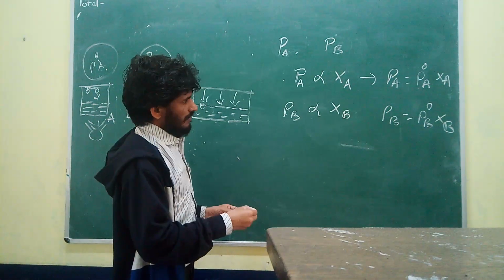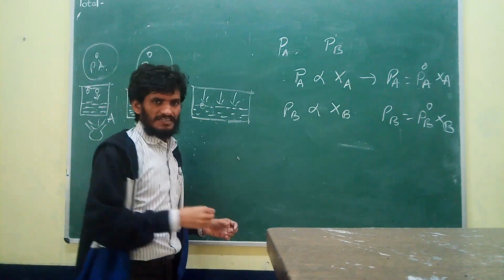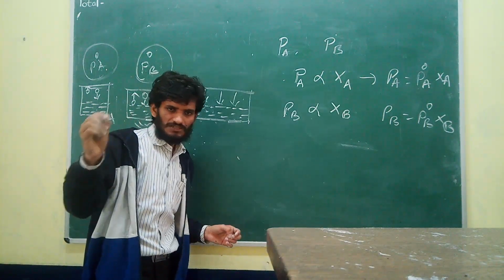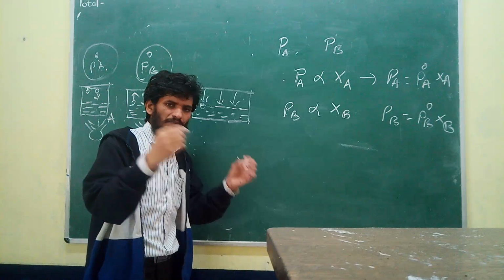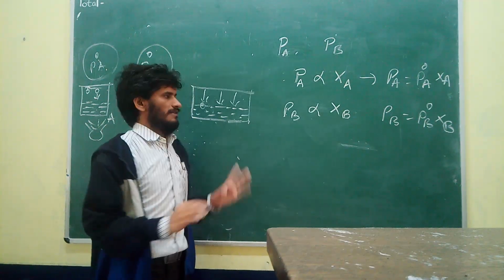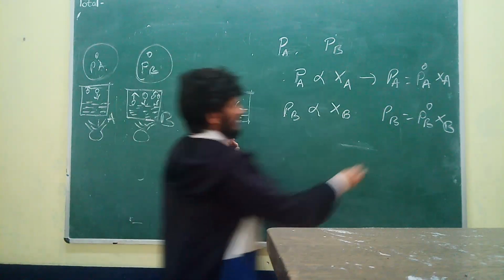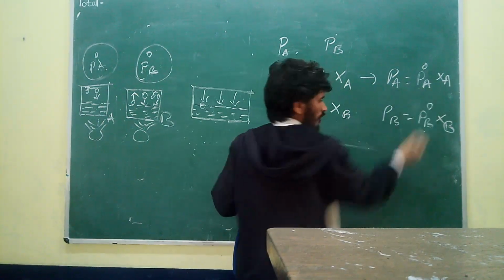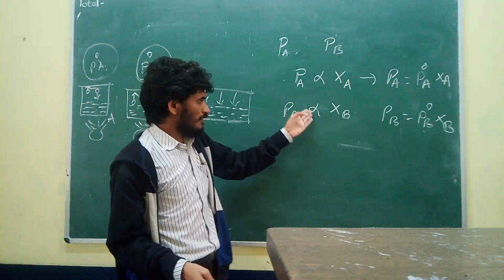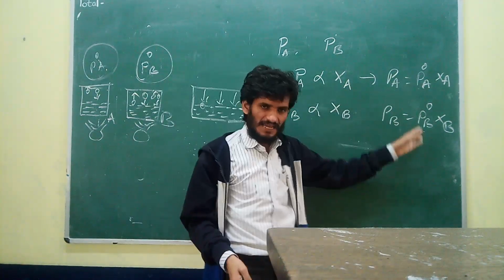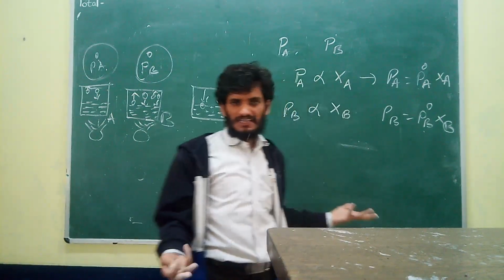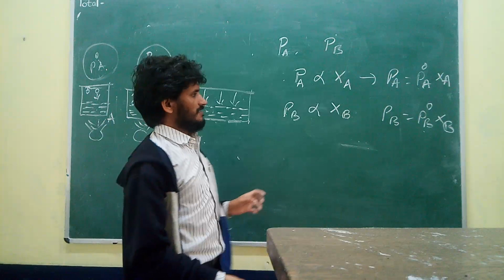Suppose the gravitational acceleration is 9.8 meter per second square, it is 9.8 anywhere. Like that, the vapor pressure of the A component is P naught A, and of B is P naught B. These both are constant. To remove the proportionality, we are using constants. That is the reason we are using those constants.